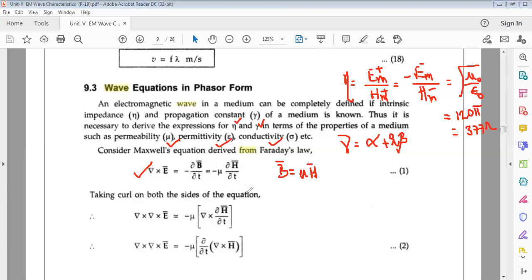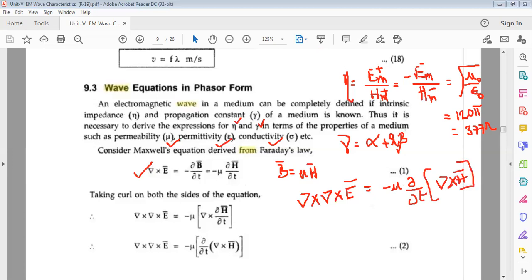Taking the curl on both sides, del cross del cross E bar is equal to minus mu into del cross dou H bar by dou t. The mu is a constant. So we can write it as minus mu into dou by dou t of del cross H bar.